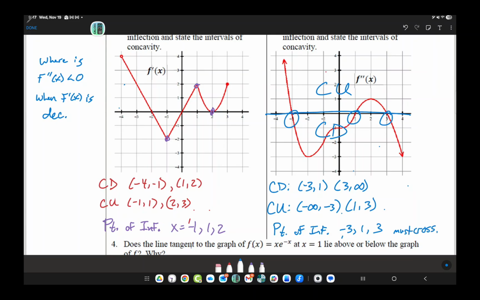If it doesn't cross the x-axis, like right here, if this was f double prime, this would not be a point of inflection because it does not cross the x-axis. So it must cross the x-axis. Just like again for local max and local mins, when you're taking the first derivative, it must cross the x-axis. Otherwise, it's not a local max, local min.